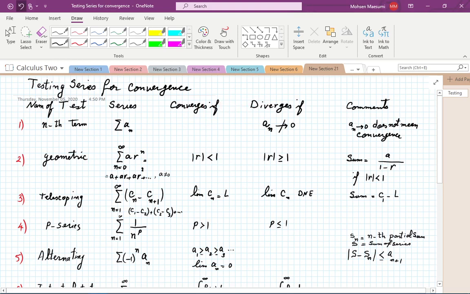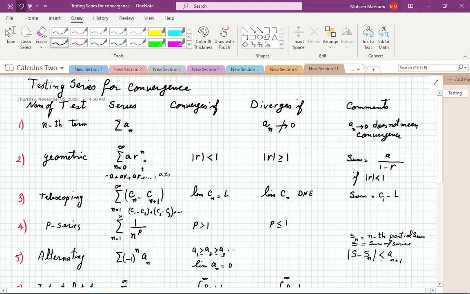One of the simplest tests to tell if the series diverges is that the nth term of the series does not go to zero. That is, if you take the limit of it and the limit does not go to zero, or doesn't exist, then the series is not going to converge. Instead, we say it diverges. However, we have to be careful: if the nth term does go to zero, that doesn't guarantee anything. So it is a rather weak test.